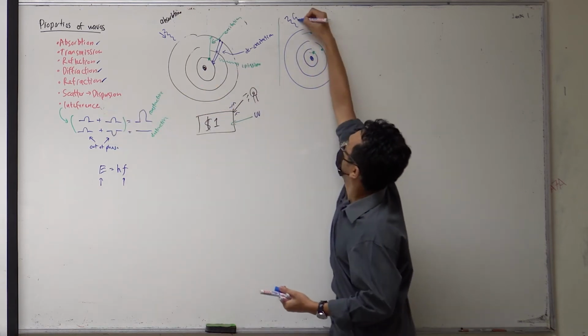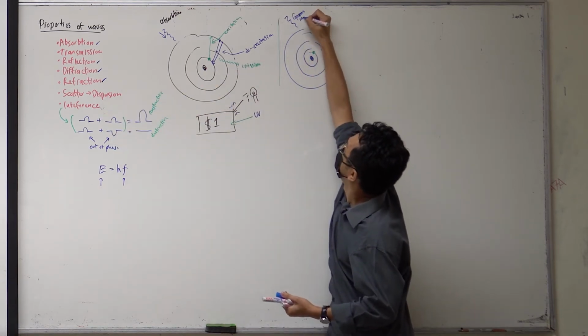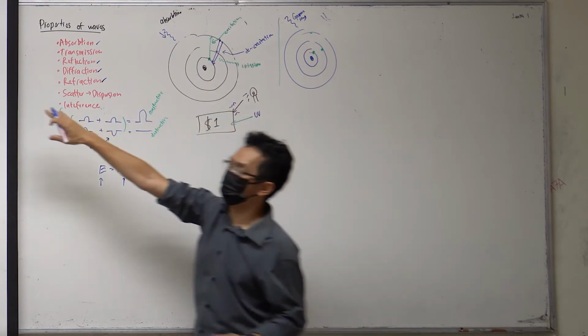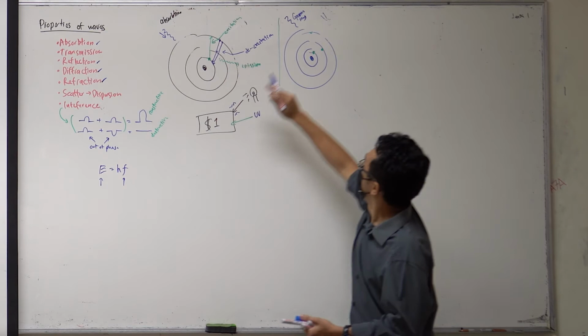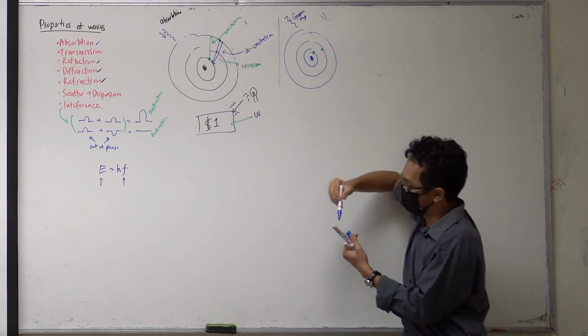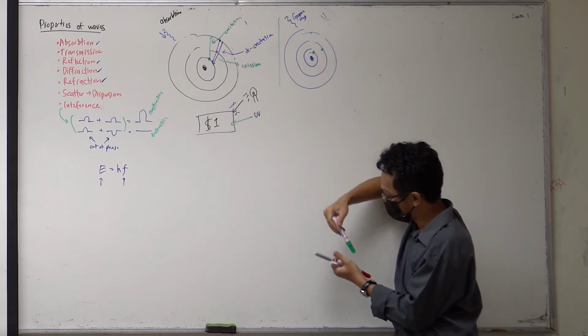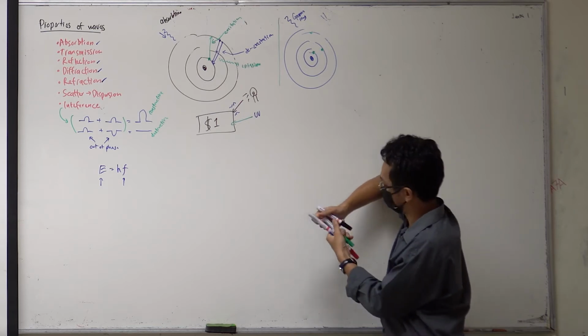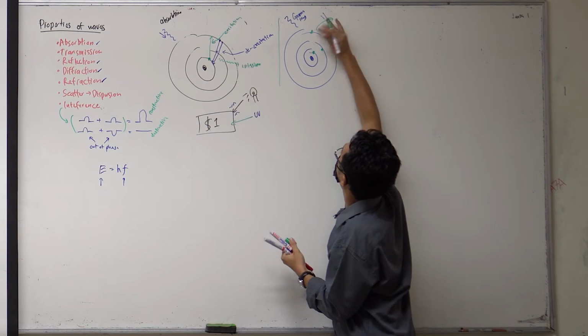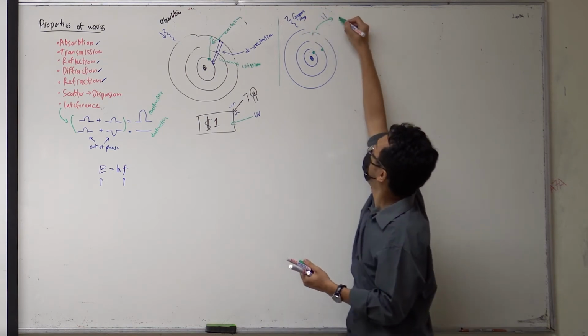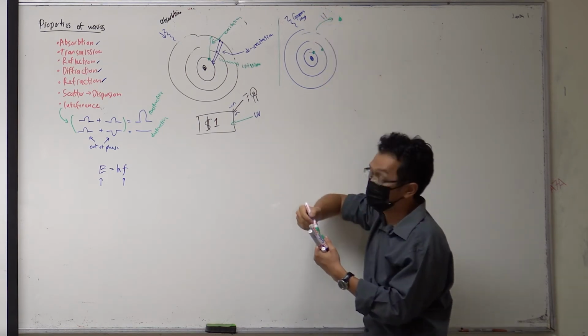Gamma ray, as you can see, has a much higher frequency, meaning it has higher energy. So if you give too much, the electron, especially the outermost electron, can be kicked out from the atom itself.